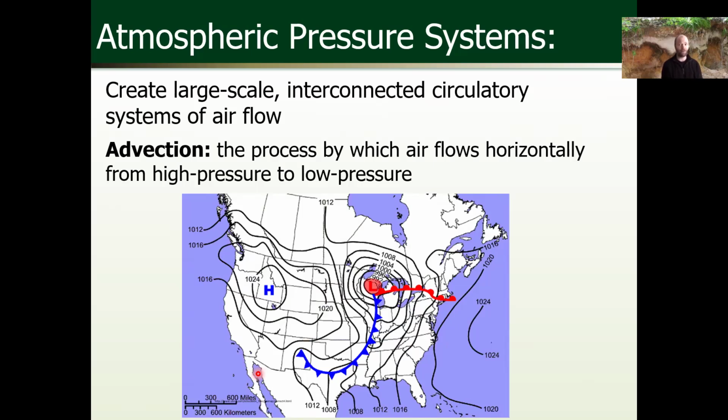And so ultimately, on a small scale, so large geographic extents here, we can think about differential heating. And so where Earth is being heated more vigorously, that creates warmer and colder air.